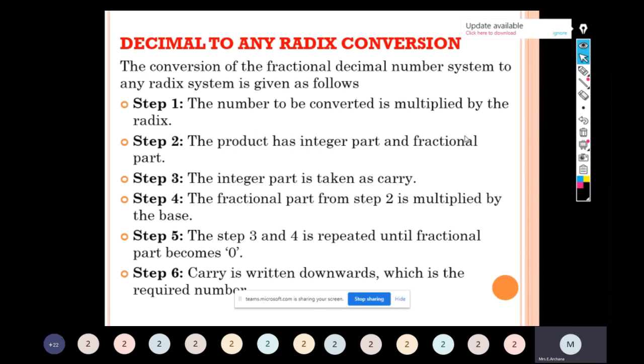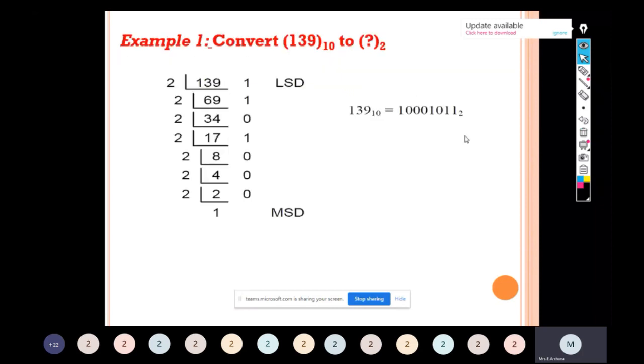Like this, we continue the steps until it becomes 0. Then the carries are written from top to bottom, and we get the result. So this is the conversion for a fraction. The integer part uses the successive division method, and the fractional part is converted into any radix by the successive multiplication method.